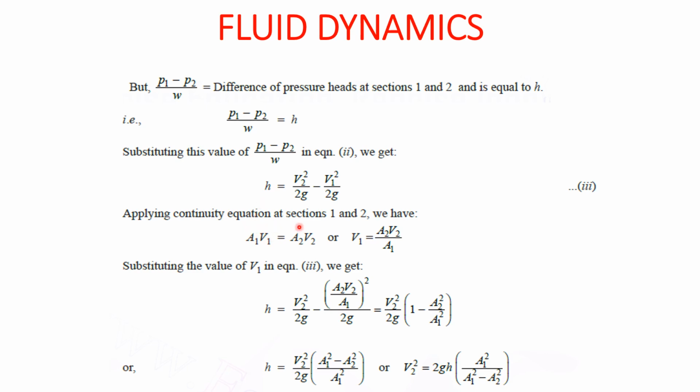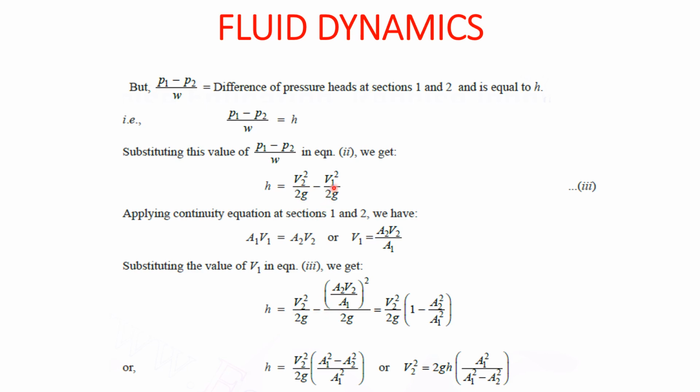Now what we have to do here is apply the continuity equation at sections 1 and 2. We know that the continuity equation gives A1 V1 is equal to A2 V2. So for that, we will find the velocity V1. Rearranging, we get V1 equal to A2 V2 divided by A1.